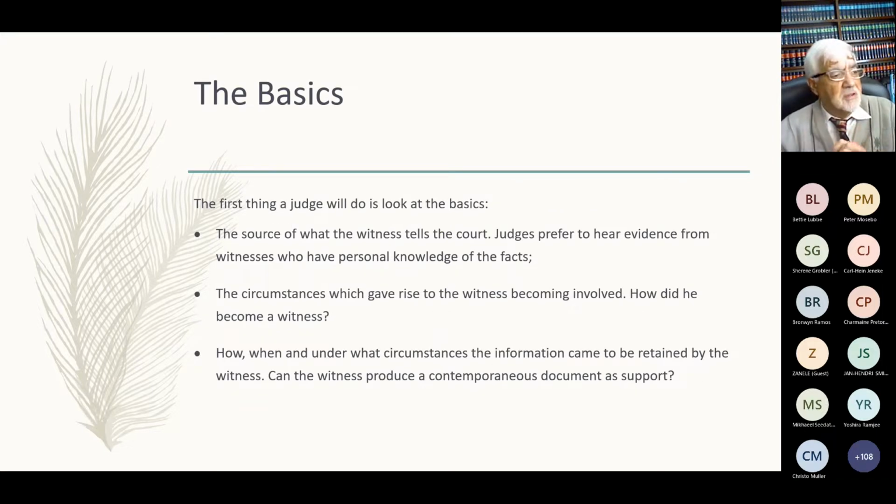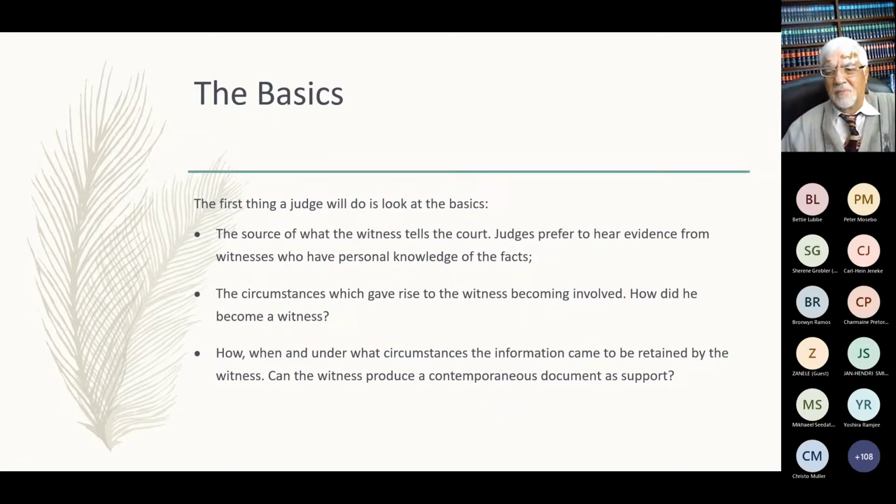Now let's look at the basic things. The first thing a judge will do is look at the basics, the source of what the witness tells the court. The judge wants to hear evidence from the witnesses who have personal knowledge of the facts. How often do you find a witness testifying and then the judge says, but wait a minute, how do you know that?